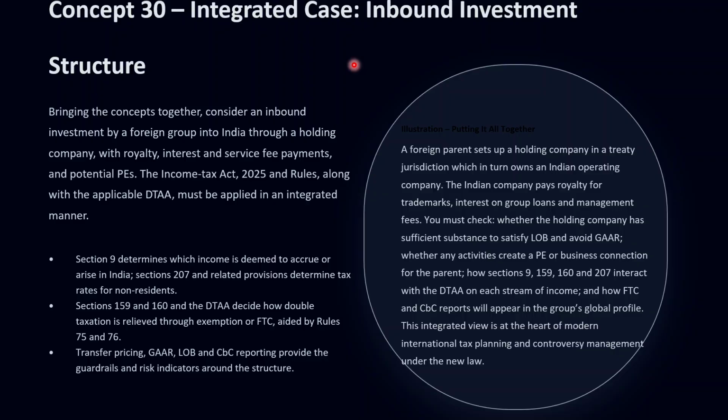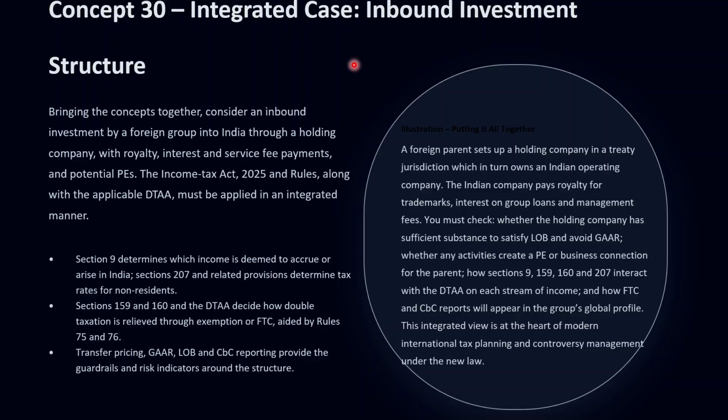We also might have to see the GAAR in Sections 178 to 184, as we have seen in a few slides above. And we also have to see the LOB article in the DTAA to check whether the treaty jurisdiction holding company has genuine substance or not. We also have to see Section 511 read with Rules 123 and 124, and the group's country-by-country reports.